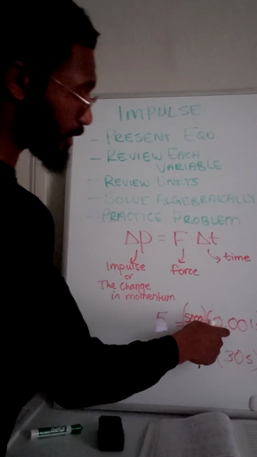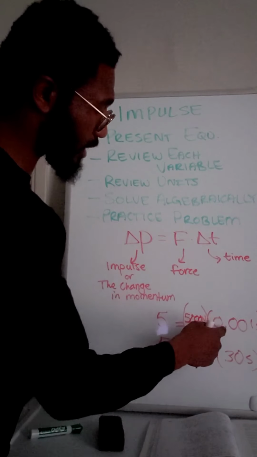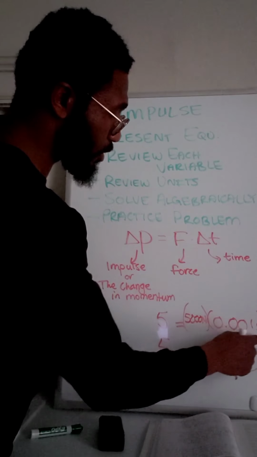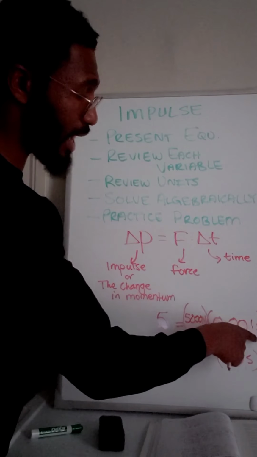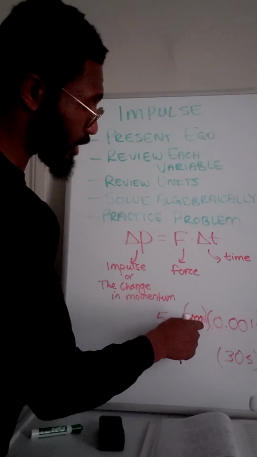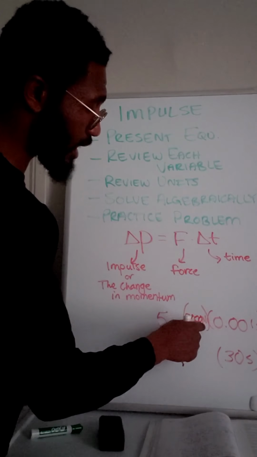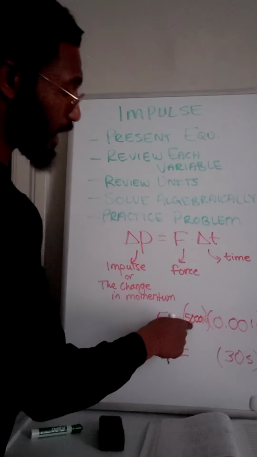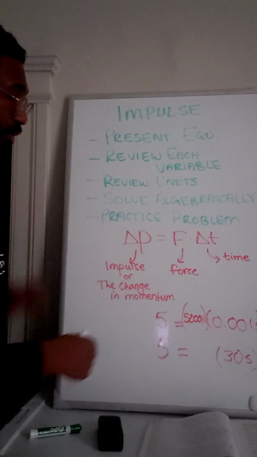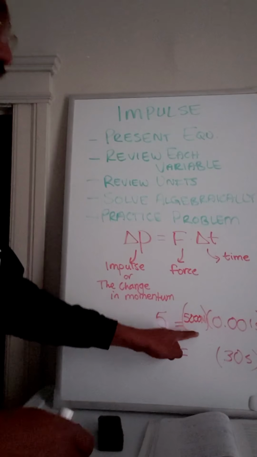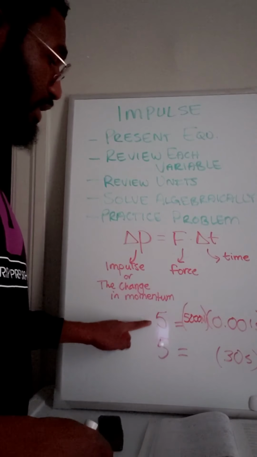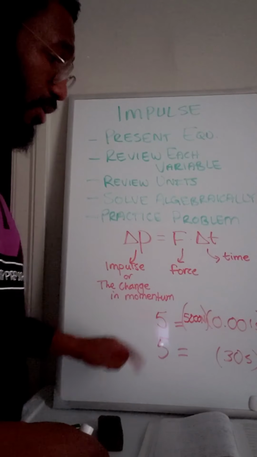And we can see that if we do that decimal point trick, 1, 2, 3, we move it over 3 times, it gives us 1 second. So we just come over here, move it over 3 times, 1, 2, 3, that gives us 5 for this side. So we would need a force of 5,000 newtons to still get 5 on this side of our equation.